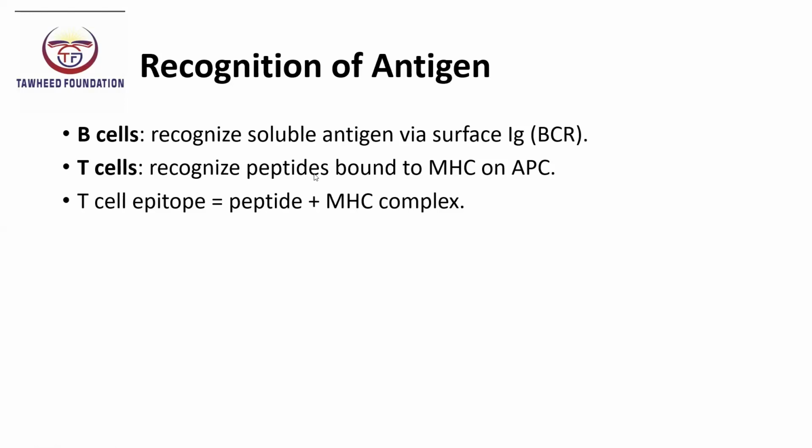In other words, the T cell epitope is actually a combination of the peptide antigen plus the MHC molecule. Therefore, in the strictest immunological sense, an antigen can be defined as a substance that is recognized either by the immunoglobulin receptor of a B cell or by a T cell receptor, that is TCR, which is associated with an MHC molecule.